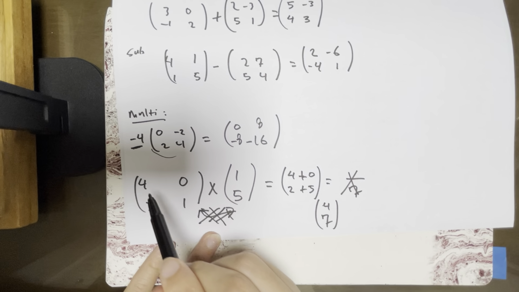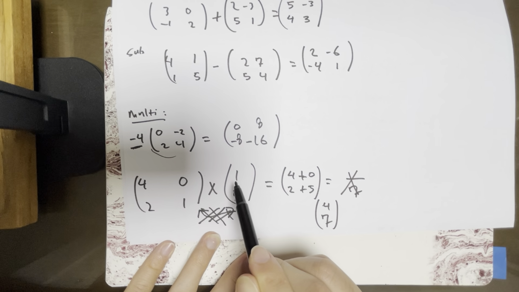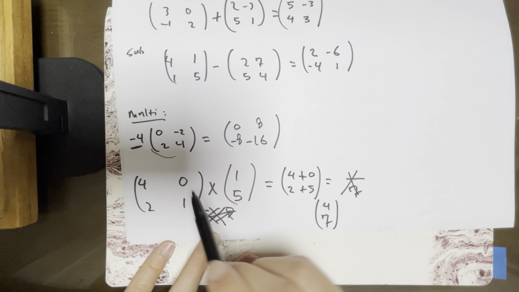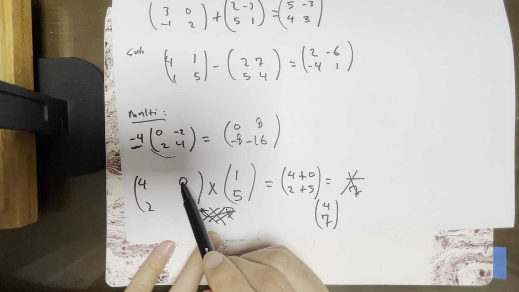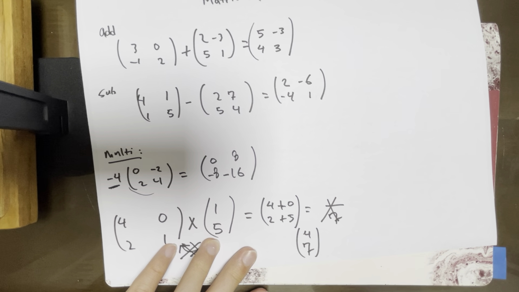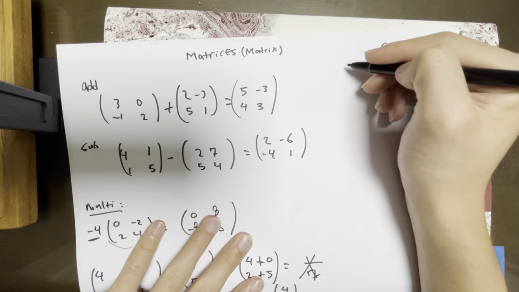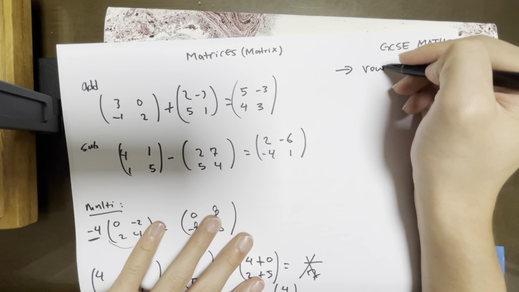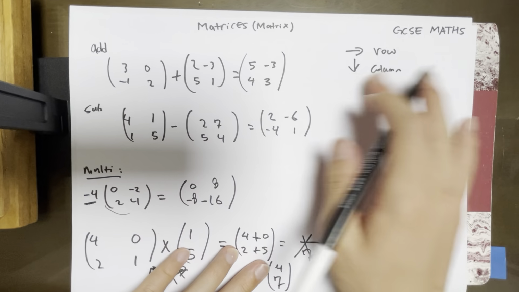So you multiply the top left number by the top left number of the second one. I know it's not exactly the same matrix, but you guys get the point. 4 times 1, 4. Now, rows and columns kind of confuse me. By the way, this is row. This is column. Rows are horizontal, columns are vertical.